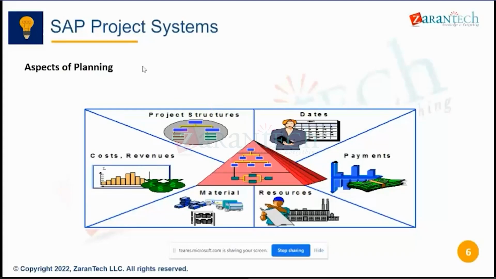There are different types of planning which Project System supports: the structure of the project, scheduling of the project, payment planning, incoming and outgoing, resources, people resources, machinery, material planning, service planning, and cost planning and revenue planning.